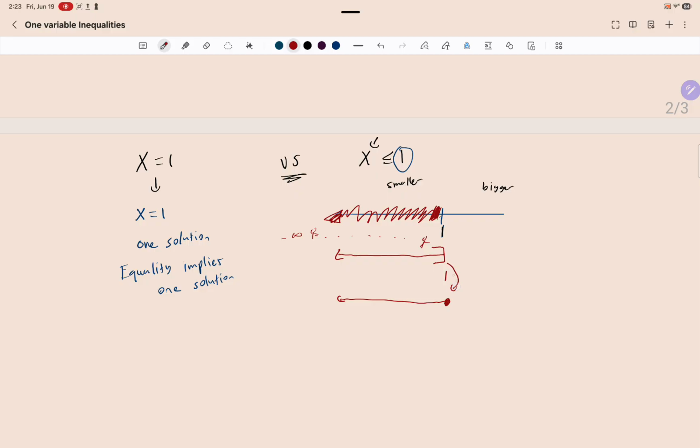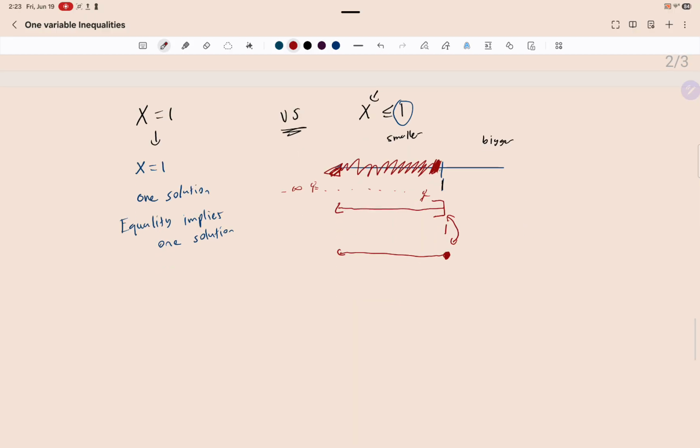These symbols mean the same thing. When you have a bracket or a closed circle, it means that we're including the point. So the values of x that make the solution are all of these points, and remember, there's an infinite amount. From -infinity to 1 will make the statement x is less than or equal to 1 true, whereas when we have x equals 1, it's only one solution.